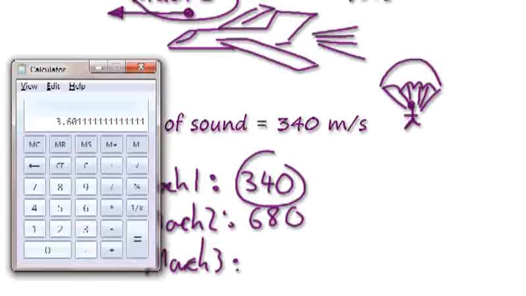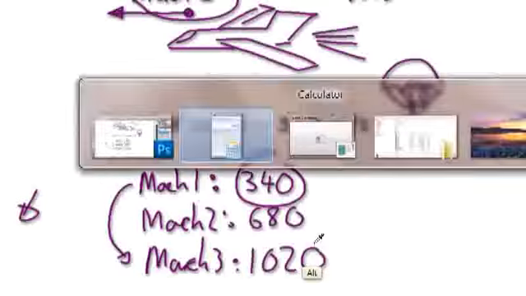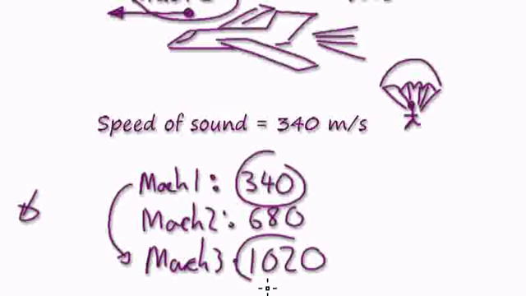340 times 3 will be 1020. Here you've got meters per second.